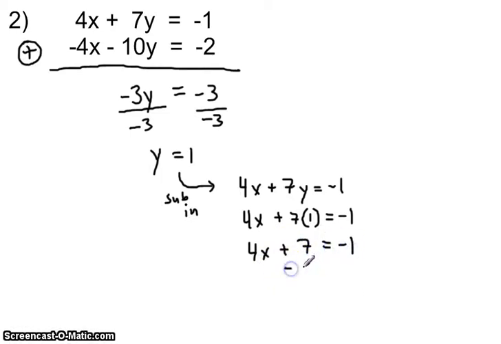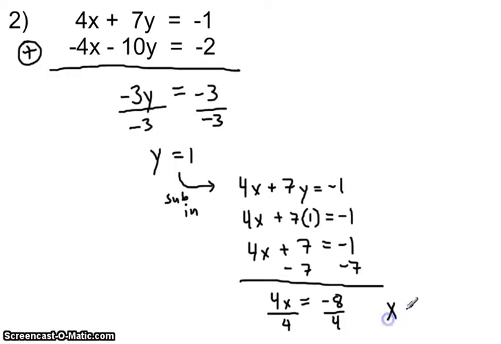I'm going to subtract 7 from both sides, and I get 4x is equal to negative 8. And then when I divide both sides by 4, didn't use my space too well here, I'm going to get x is equal to negative 8 divided by 4 is negative 2.